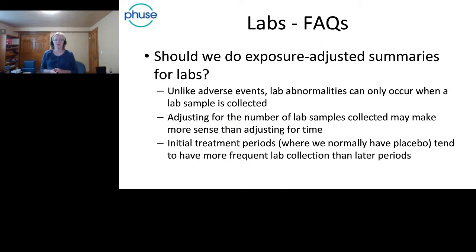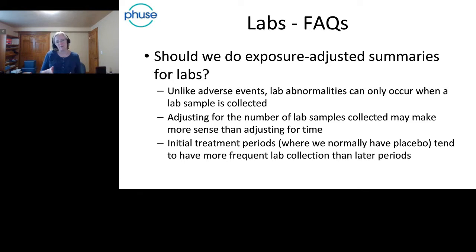Okay, another question is, should we do exposure adjusted summaries for labs? There are cases where we do it for events, so why would we not do it for labs? This gets really tricky. Unlike adverse events, lab abnormalities can only occur when you actually collect the lab. Adverse events can start and stop at any time.